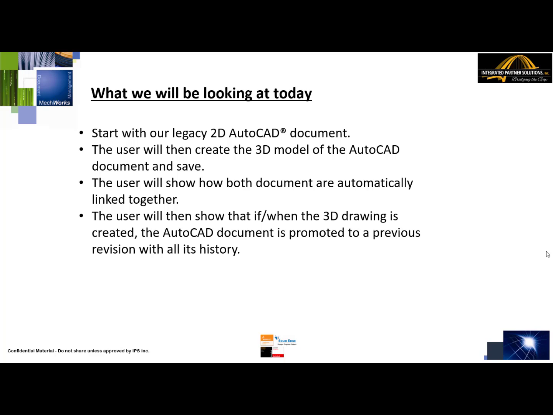The user will then show that if or when the 3D CAD drawing is created, the AutoCAD document is promoted to a previous revision with all of its history. So let's now move over to the MechWorks PDM and take a look at what we're talking about.